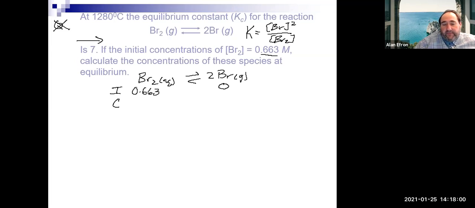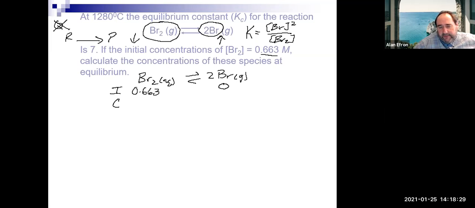So the change is going to be represented by X. And since we are assuming that this reaction is going from reactants to products, we would imagine that over the period of time, the amount of Br2, which is a reactant, should start to decrease. The amount of Br, which is a product, should also start to increase.